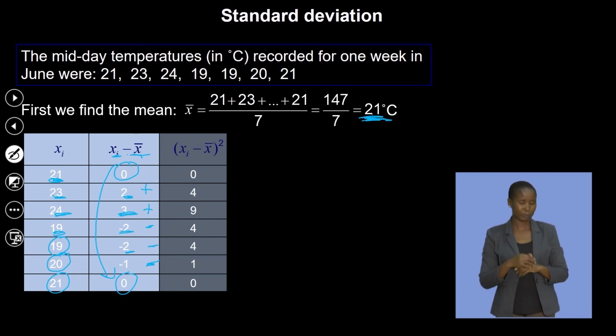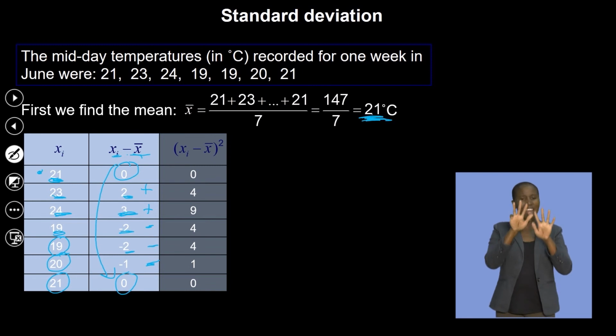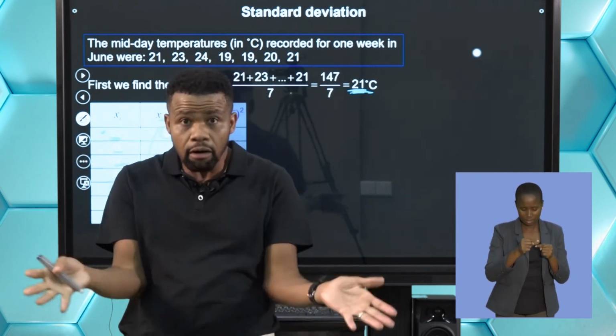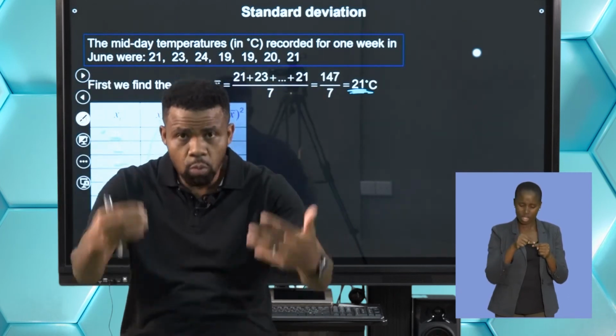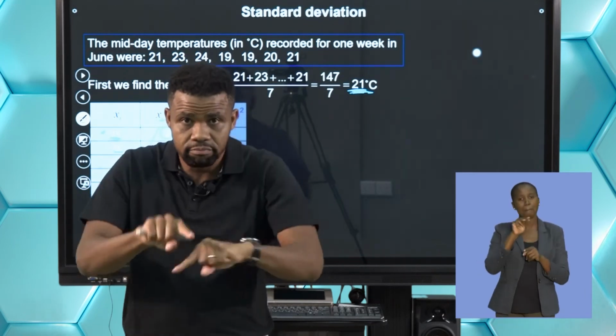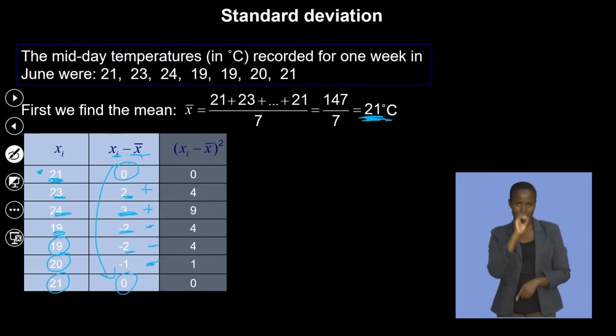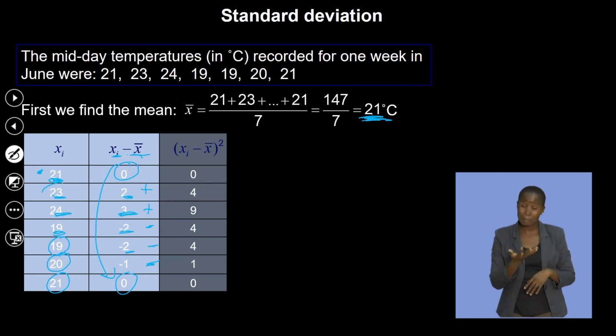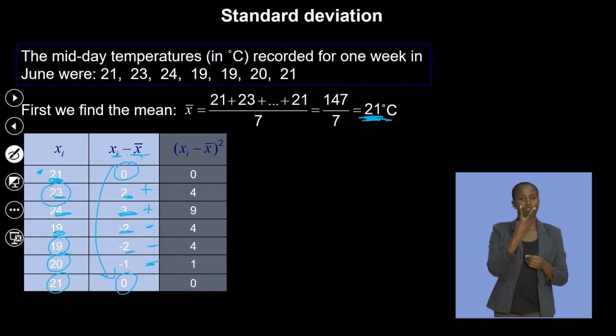So what does it mean? Let's start with 21. 21 is the same as the average. What is the deviation between 21 and 21? 0. The 21 degrees Celsius was the same as the mean. So there's no deviation. Then what about 23? It is 2 units above the average. Can you see that? 23 is 2 units above the average. 24 is 3 units above the average.